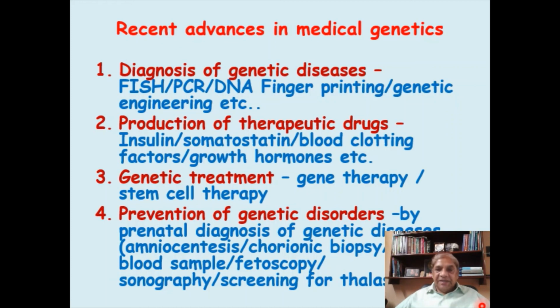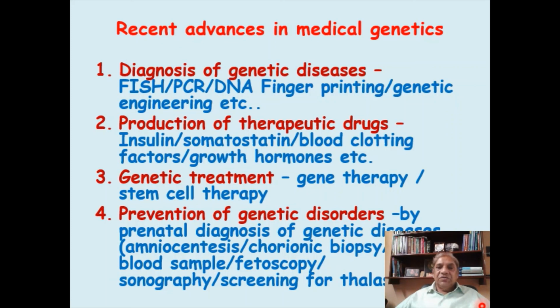There are various techniques by which you can diagnose a disease. For example, amniocentesis. That is a procedure in which the amniotic fluid from the uterine cavity is drawn with a syringe, because this fluid contains many cells from the skin of the fetus.